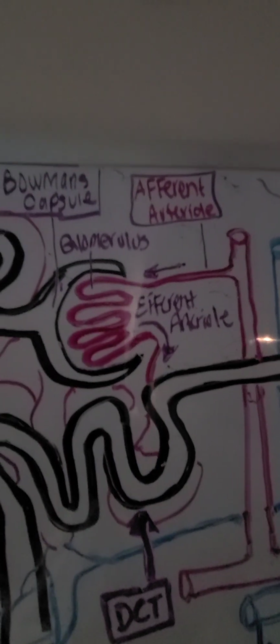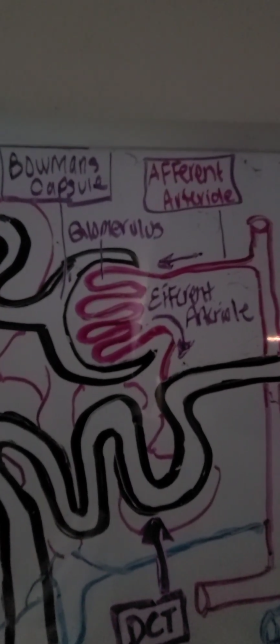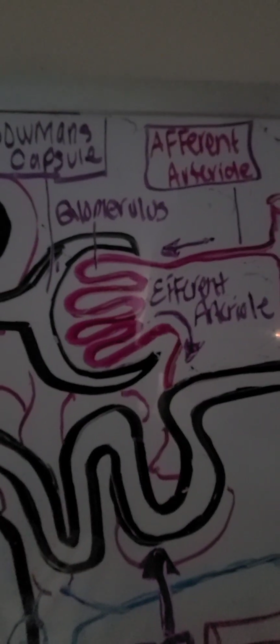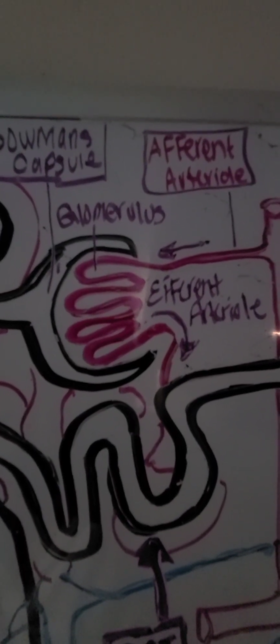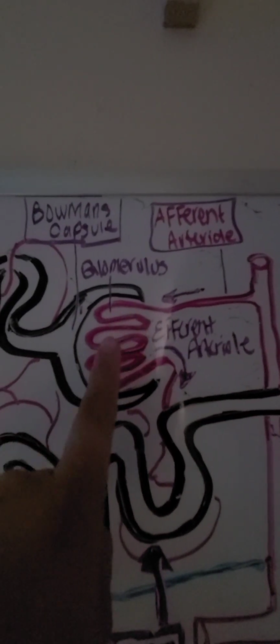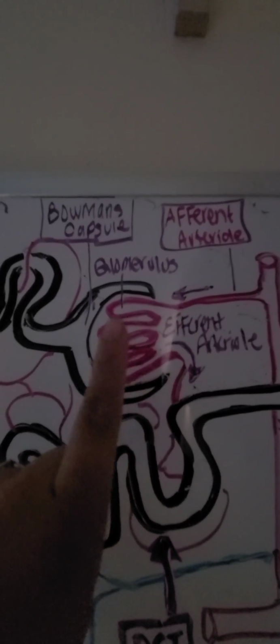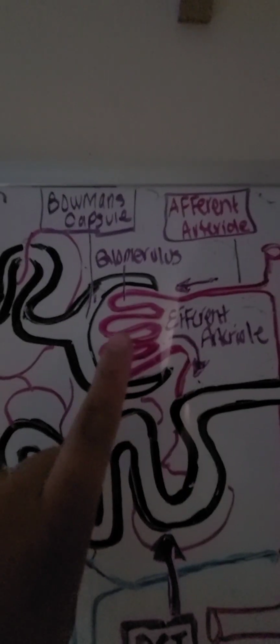So we're going to go ahead and talk about the flow of blood first, which is going to come from the afferent arteriole into the glomerulus, which is housed by the Bowman's capsule. And this is a network. The glomerulus is a network of capillaries that's fenestrated.